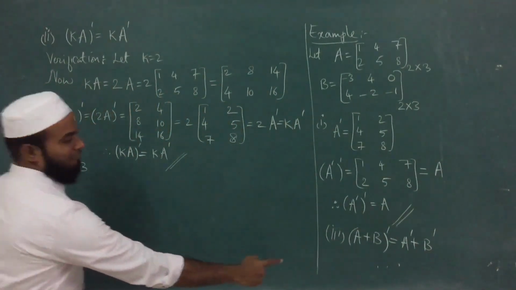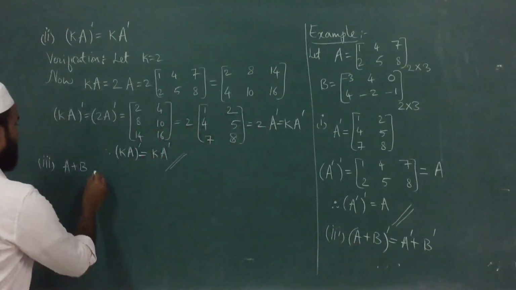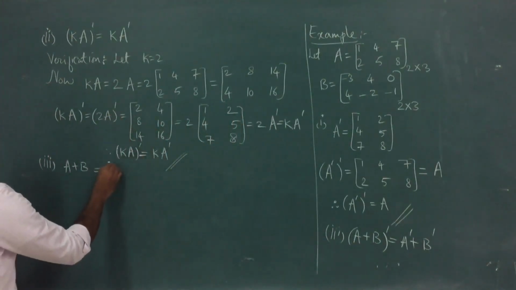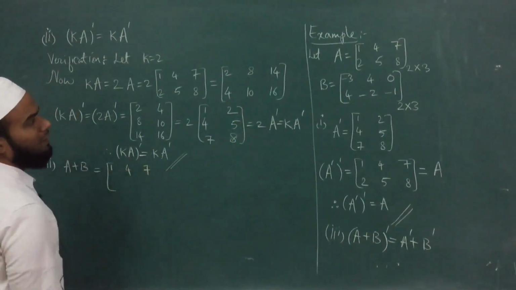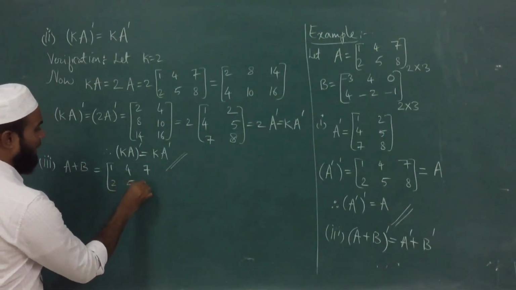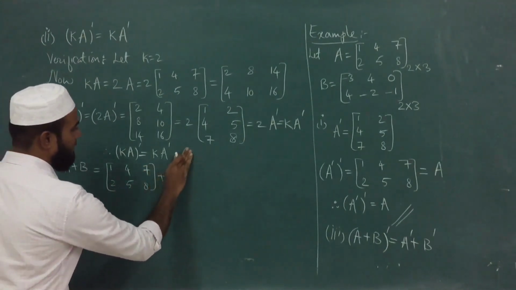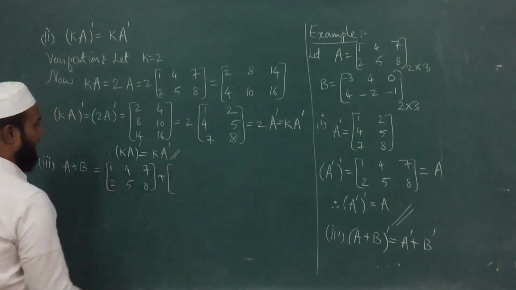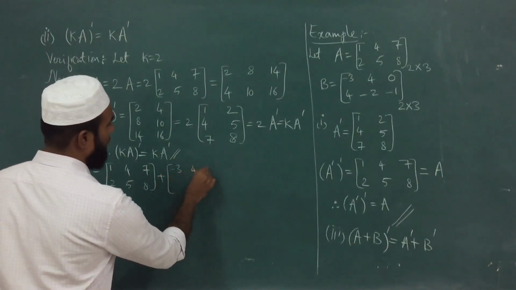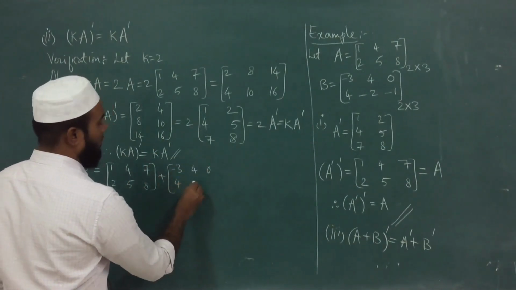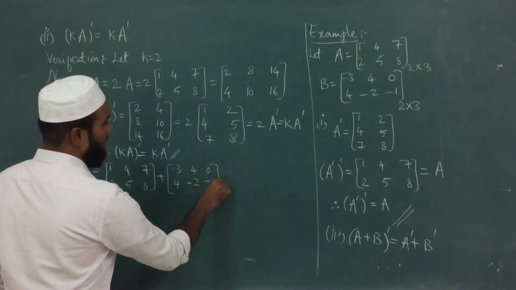So first we have to evaluate A plus B. A plus B is nothing but matrix A. What is matrix A? Matrix A is 1, 4, 7, and the second row is 2, 5, 8, plus the second matrix B. B matrix is -3, 4, 0, 4, -2, -1.